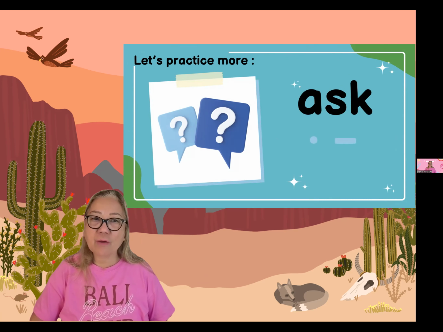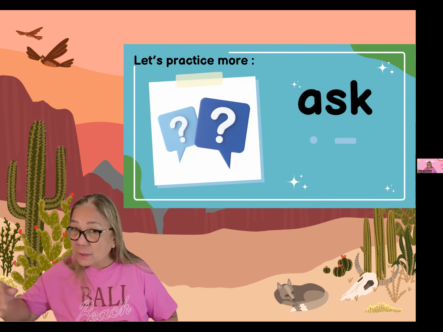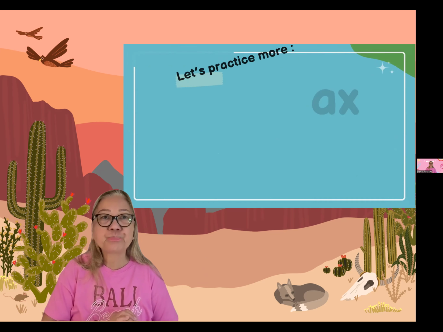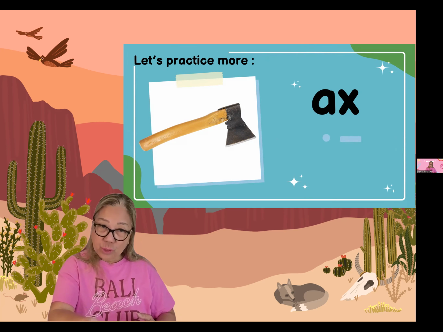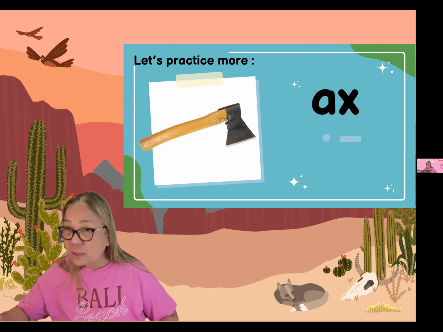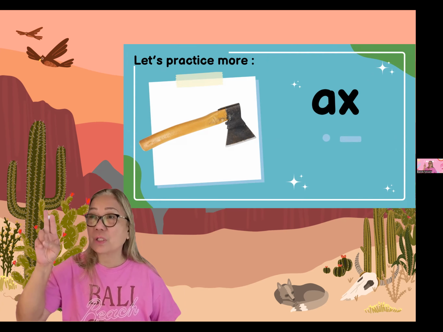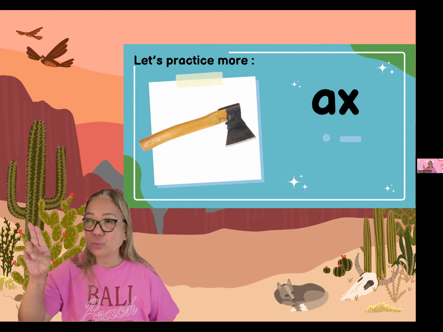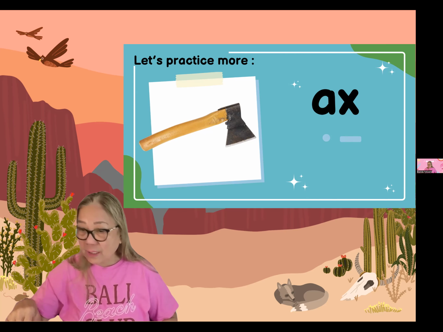And then we will have ask, ask. Let's practice more. So if you know this, that is an axe, axe. Although X is only one letter, the sound is two. There are two letters with it, K and S. So axe, axe.